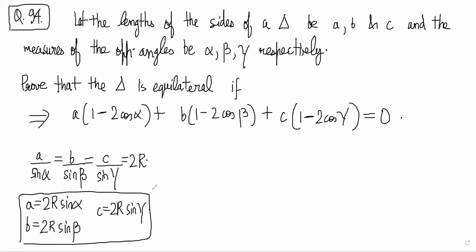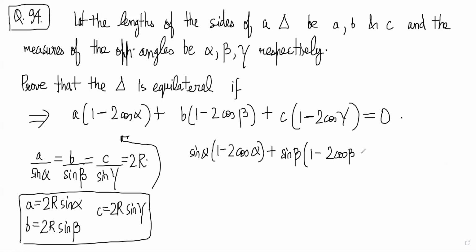Now, if I put that in this condition, it changes to sine alpha (1 minus 2 cos alpha) plus sine beta (1 minus 2 cos beta) plus sine gamma (1 minus 2 cos gamma) is equal to 0. I have cancelled the 2R factor. And this can be simplified like this.